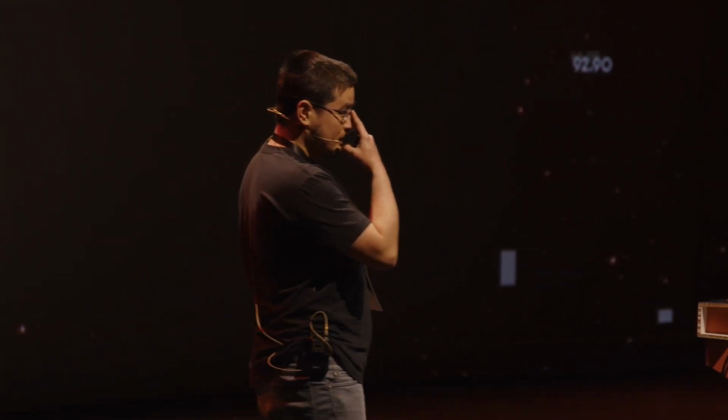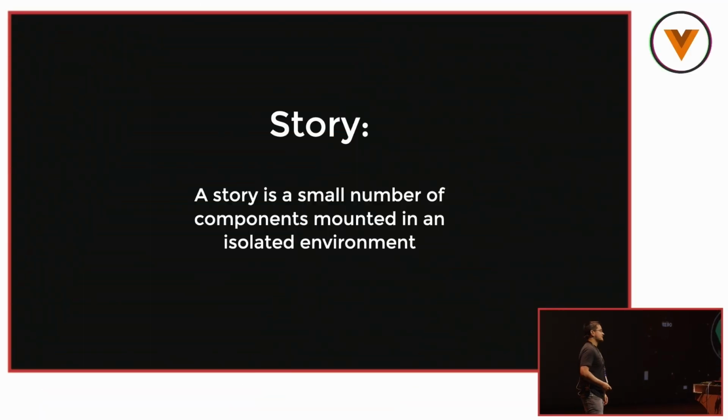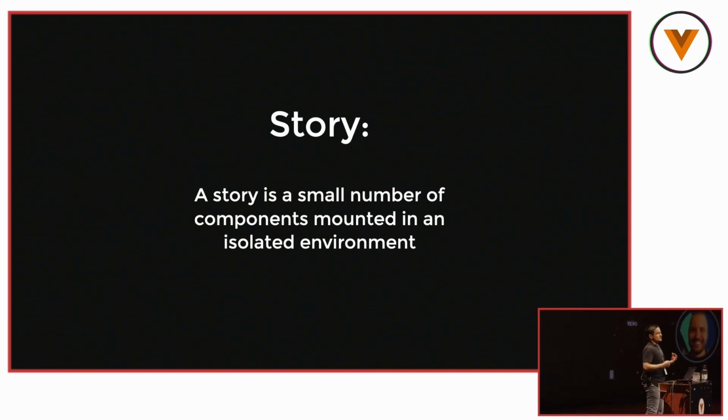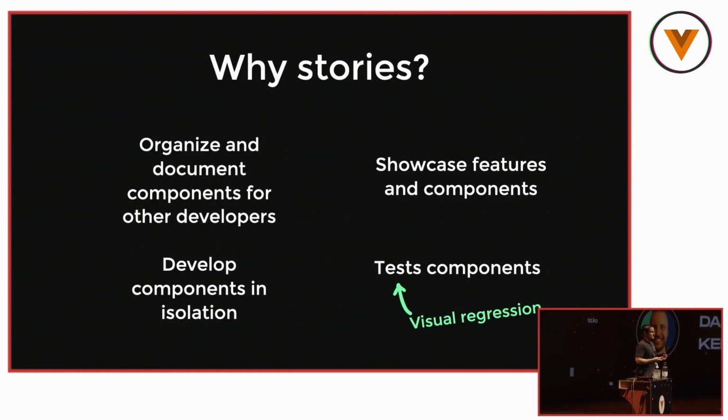So Histoire is basically a tool that allows you to write stories. Very quickly, a story is an environment where you can showcase some components from your project and have them run in isolation from the rest of the application. This can be useful for a lot of reasons.